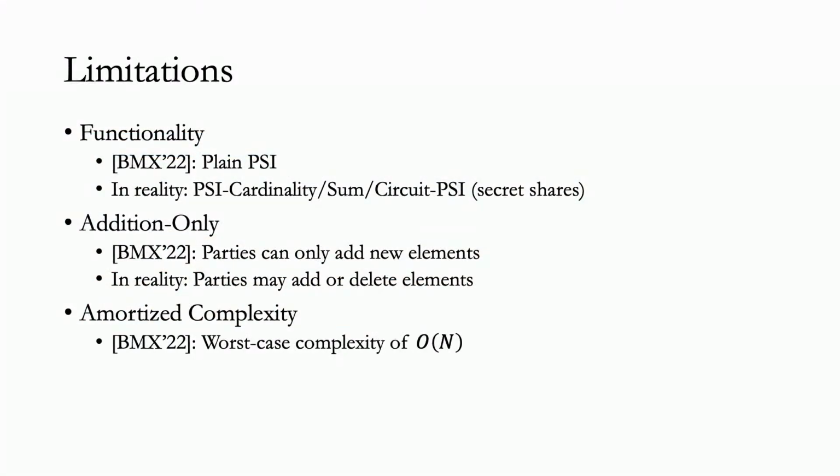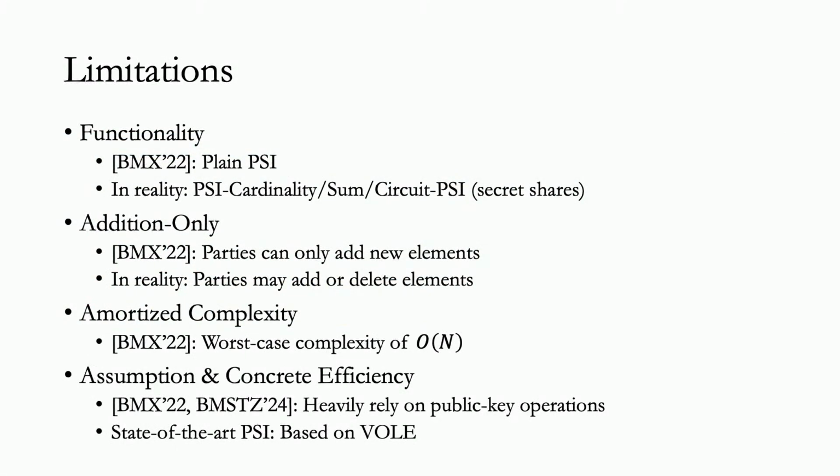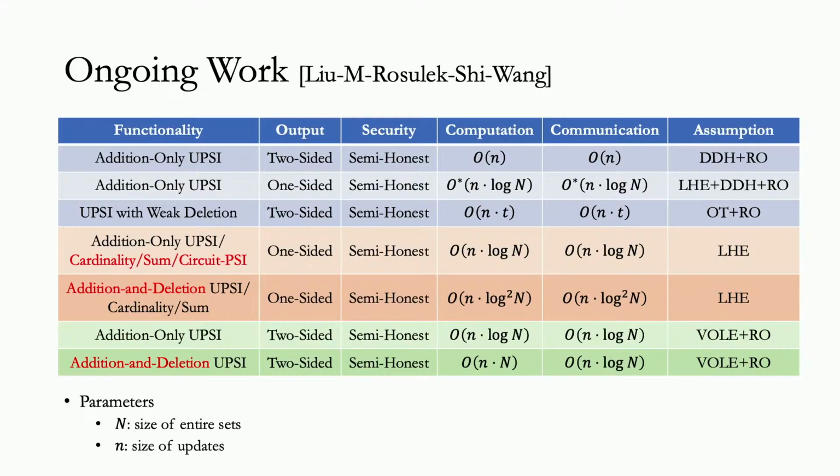But if you look at all these constructions and consider the concrete efficiency or the computational assumptions, they all heavily rely on public key operations. But if you look at the state-of-the-art PSI protocols, they are based on vector OLE, and are extremely efficient. Only a few public key operations, and all the rest are symmetric key. So in our ongoing work, we resolve this issue.